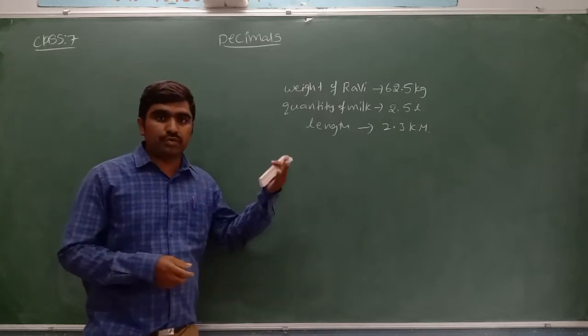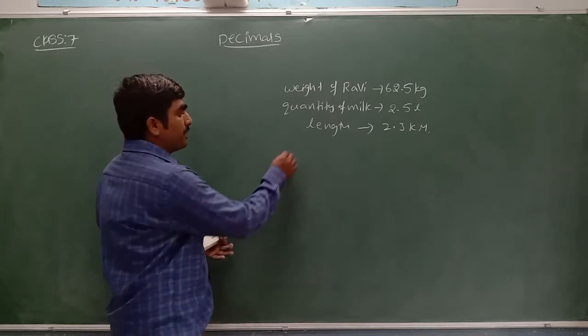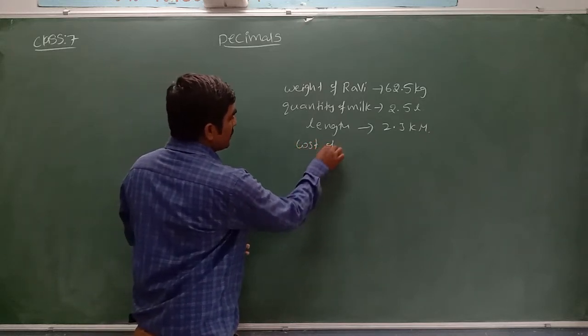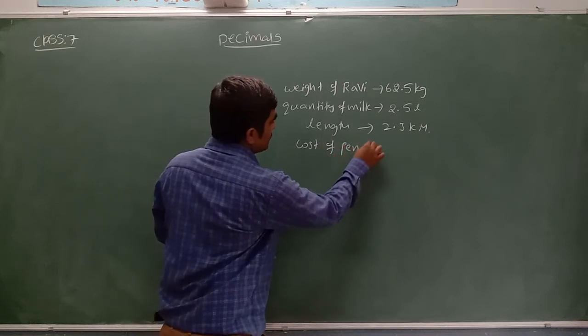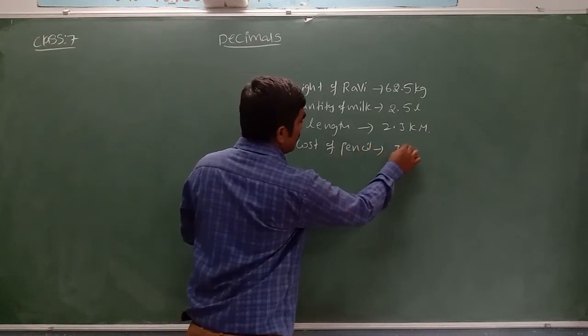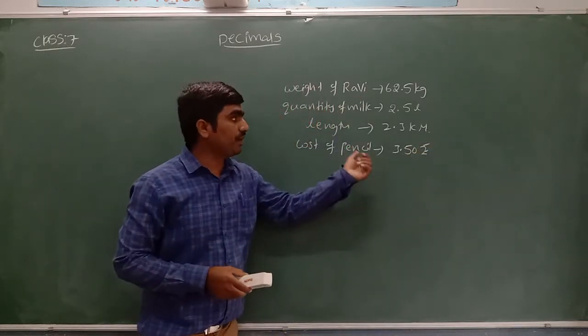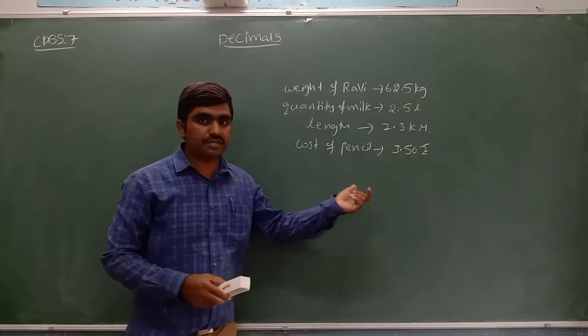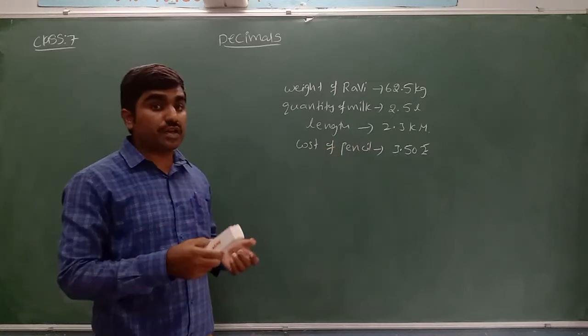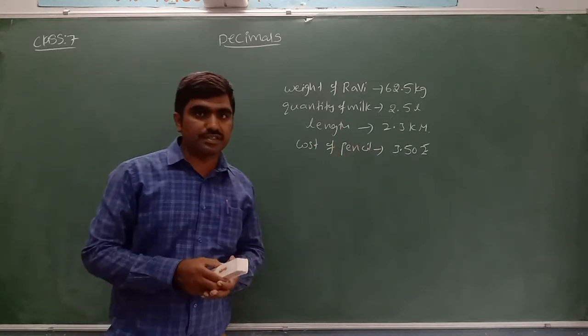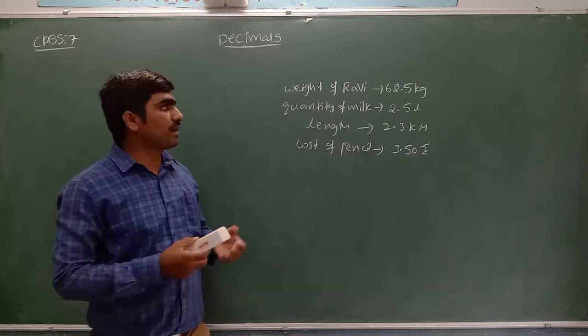If you go to a stationery shop, the cost of one pencil is like 3.50 rupees. Yes: weight, liquid, length, rupees. In all these cases, we are applying the decimal concept.